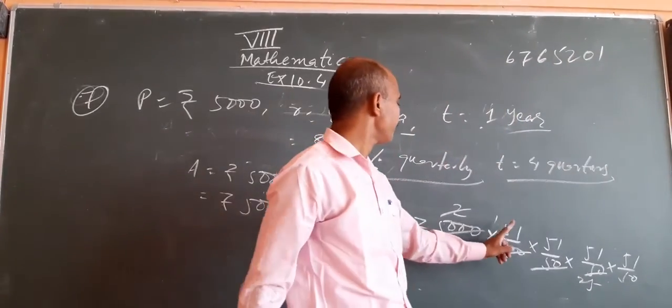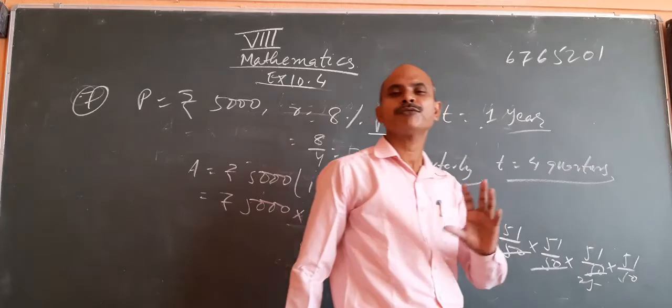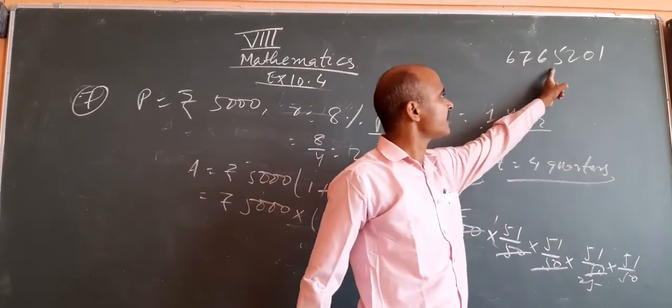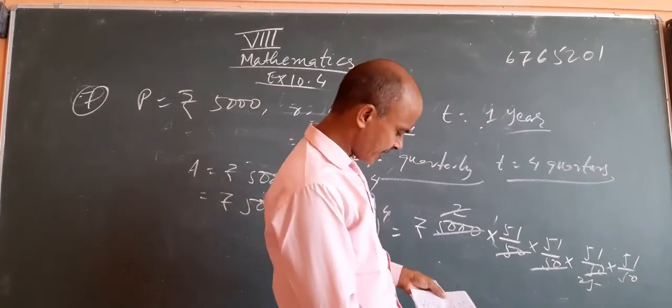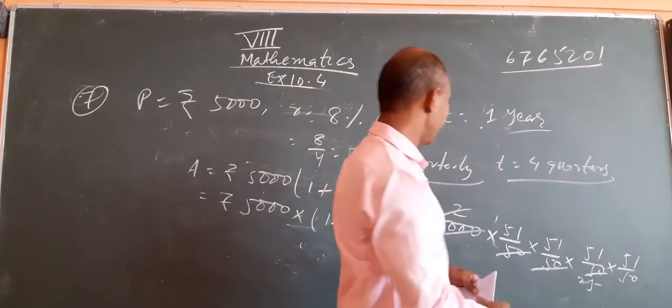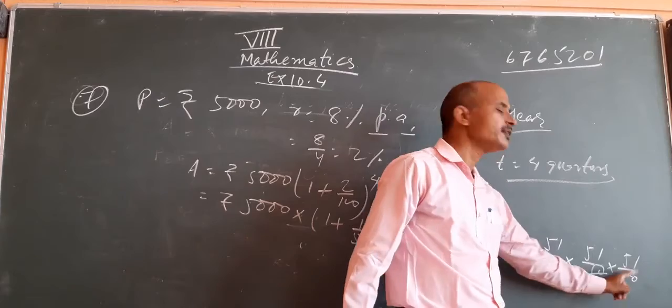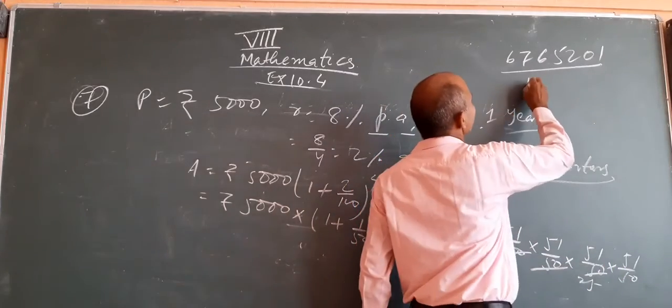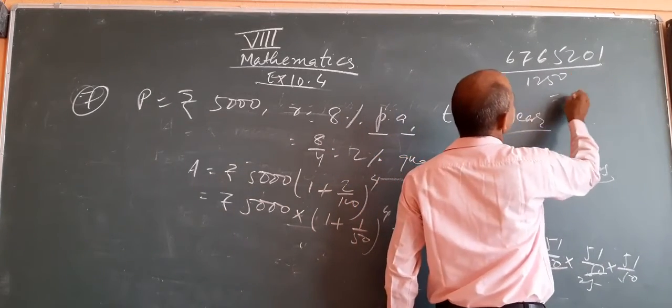This is the product of 51 four times. Divided by the denominator 25 into 50, which is 1250.